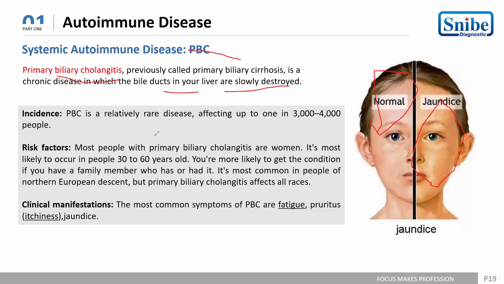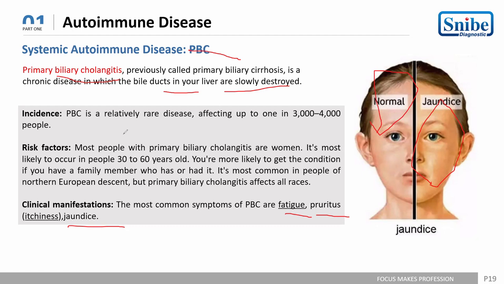The main manifestations are fatigue, pruritus (itchiness), and jaundice. These are the three major symptoms, along with other clinical findings and serological testing. As a risk factor, women are more prone to this disease.